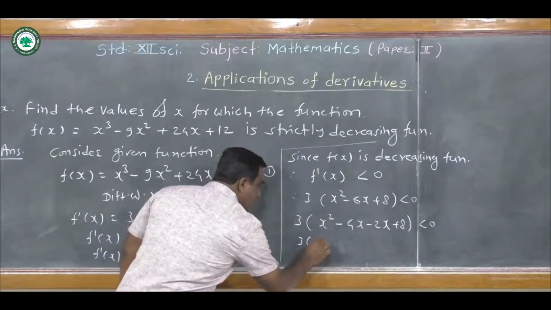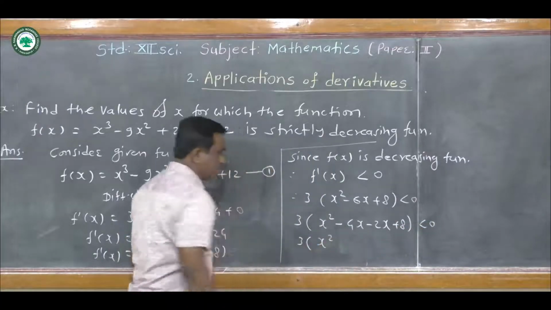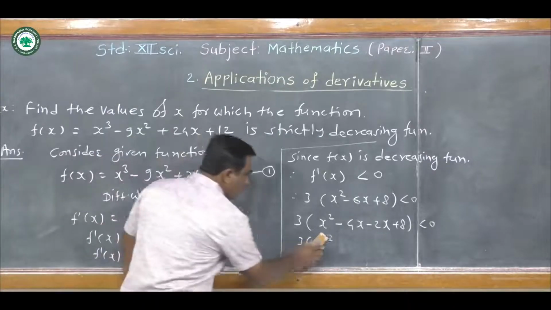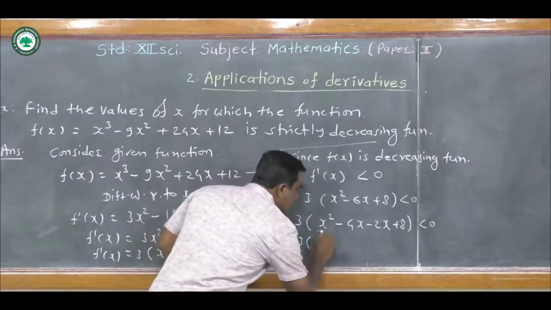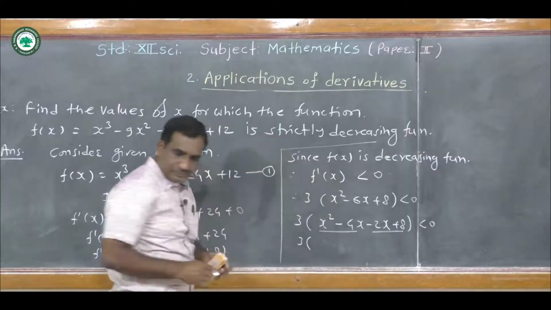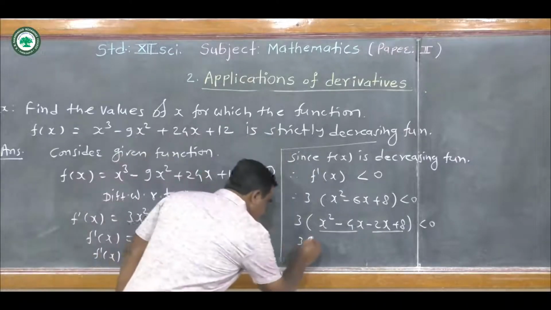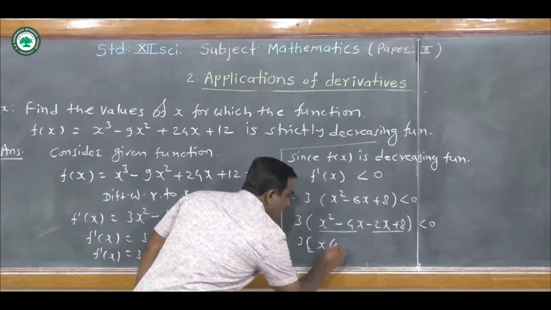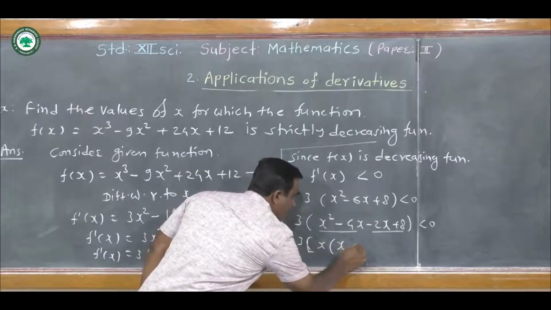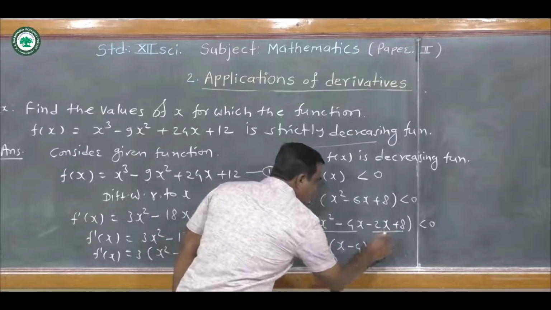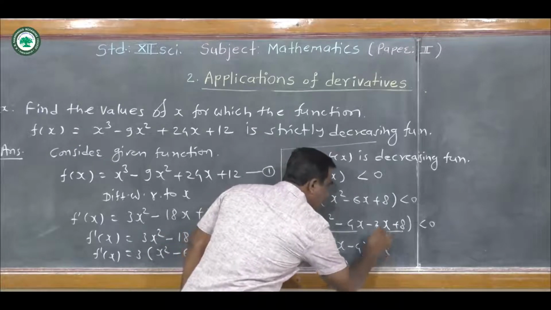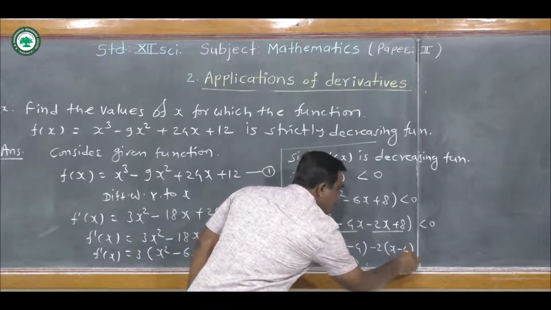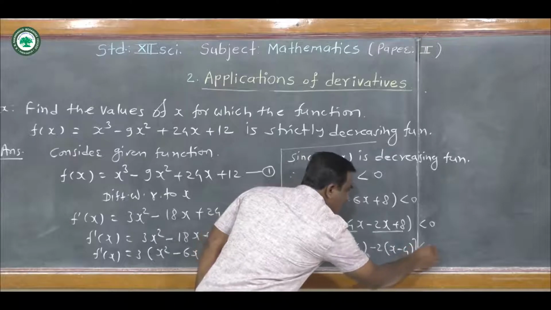We can take pairs here: first pair and second pair. We can take x common from the first two terms, in bracket remains x minus 4. Here take minus 2 common, minus 2 into x minus 4, complete bracket less than 0.